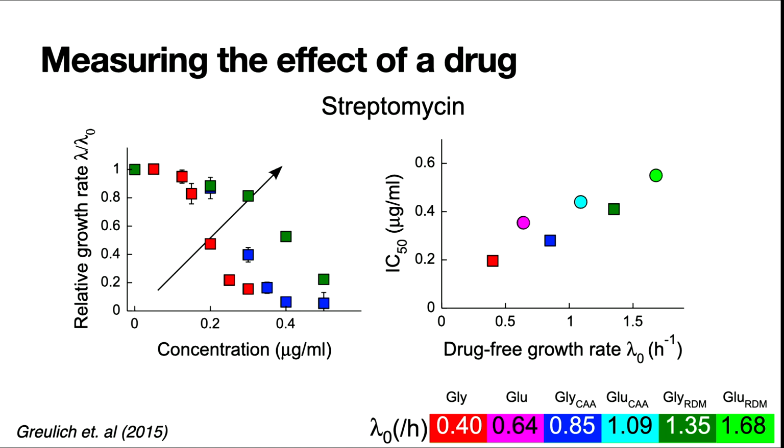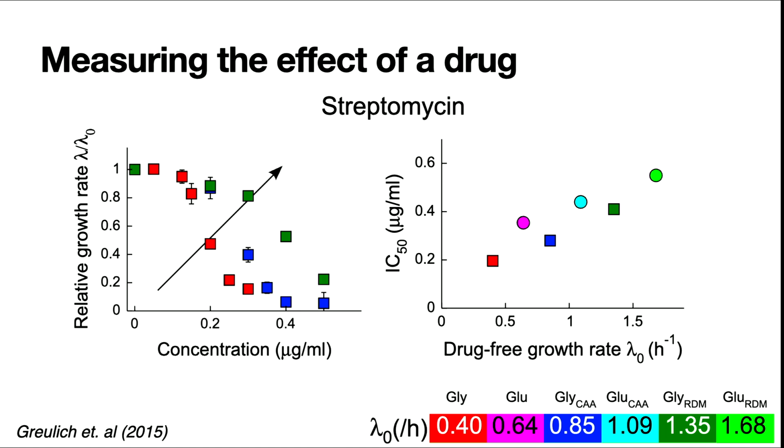You want to know how lambda depends on the concentration of the drug you put. In this notation, lambda naught is the growth rate when the concentration is equal to 0.